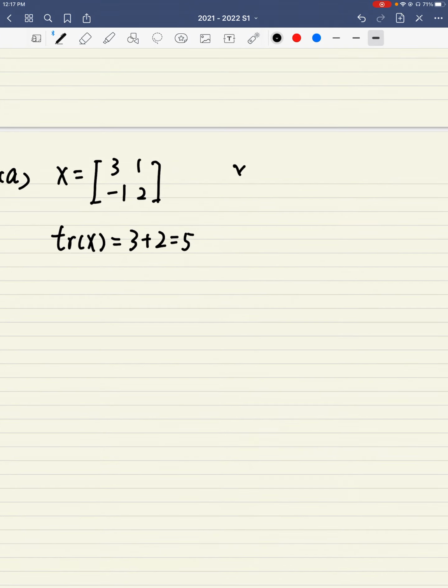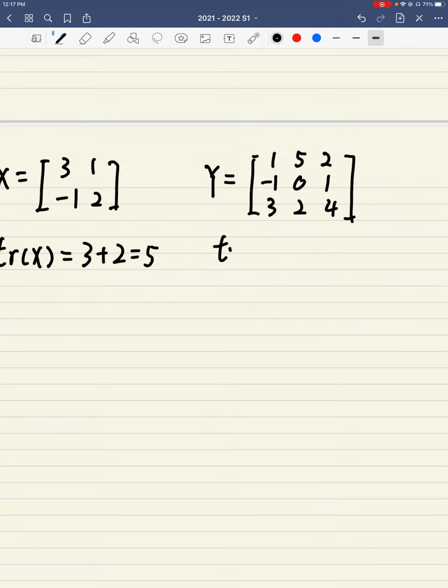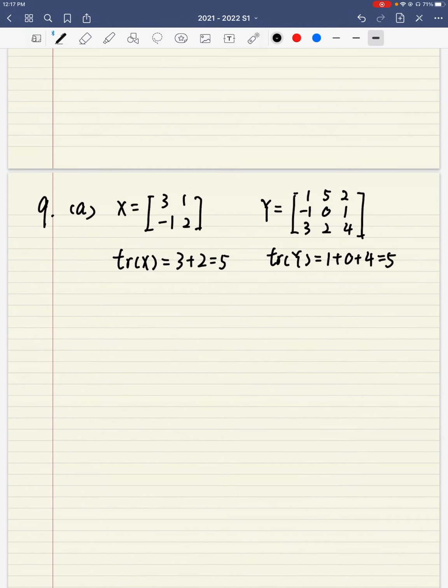And Y is a 3 by 3 matrix. The trace of Y is 1 plus 0 plus 4. It is 5. Then what is the trace of Z?